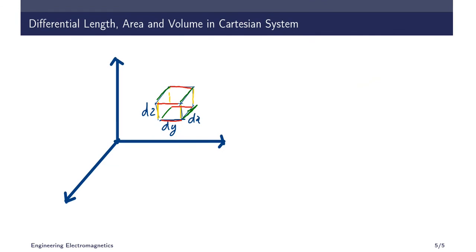Moving into differential length, differential volume, and differential surface in Cartesian coordinate system. So why we need a differential? So what is differential element? You know, dx. dx is nothing but delta x tends to 0.